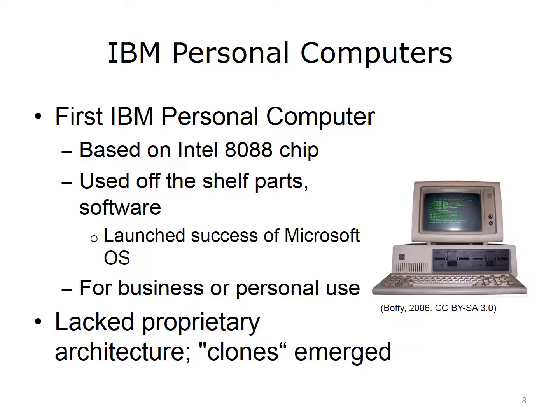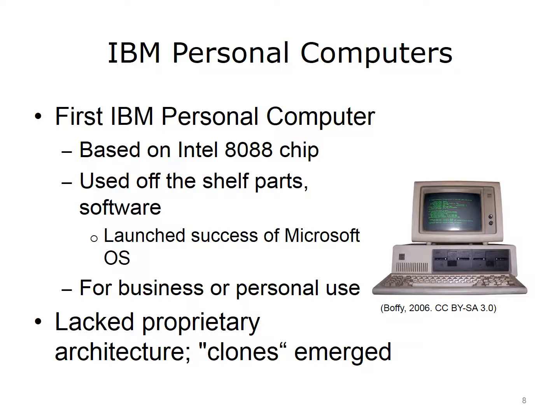This, in turn, launched the success of Microsoft. Because its architecture wasn't proprietary, it led to the development of what were, at the time, called clones. Anyone could put together a PC using the same parts and design that IBM did. These were called clones. IBM PCs and clones were used for business and personal use and contributed to the personal computer becoming so popular.